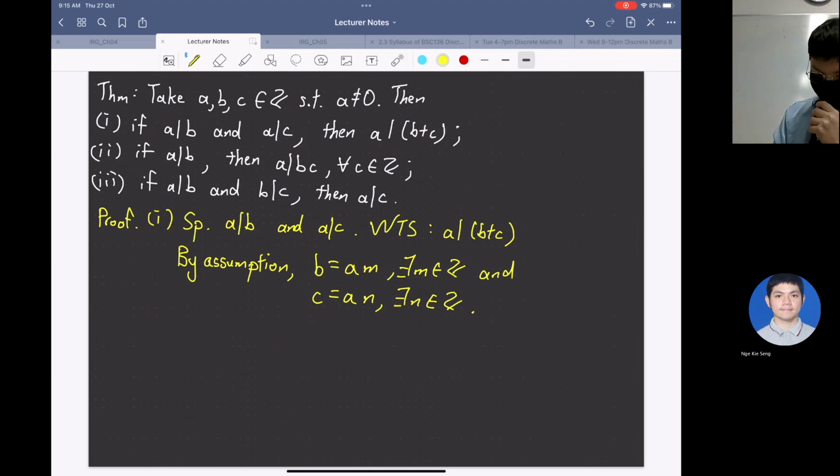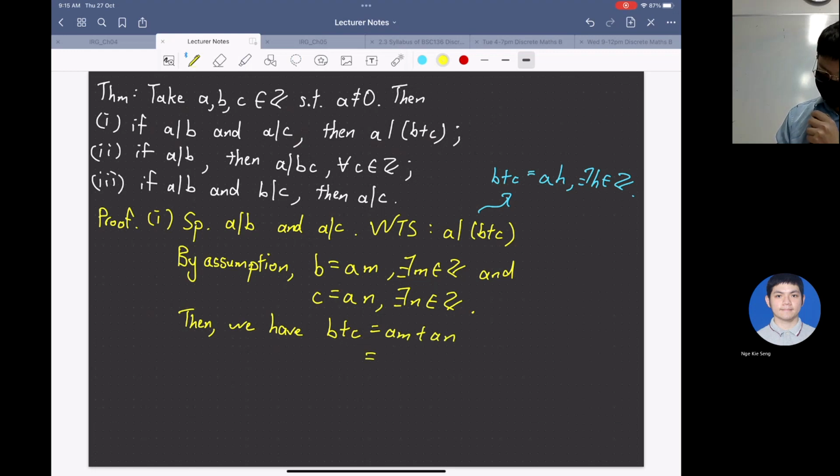So what do we want to show? Let's see what our goal is. A divides B plus C, meaning B plus C is equal to A times some integer. What we have is, we can combine B plus C to get AM plus AN, which is equal to A times (M plus N).